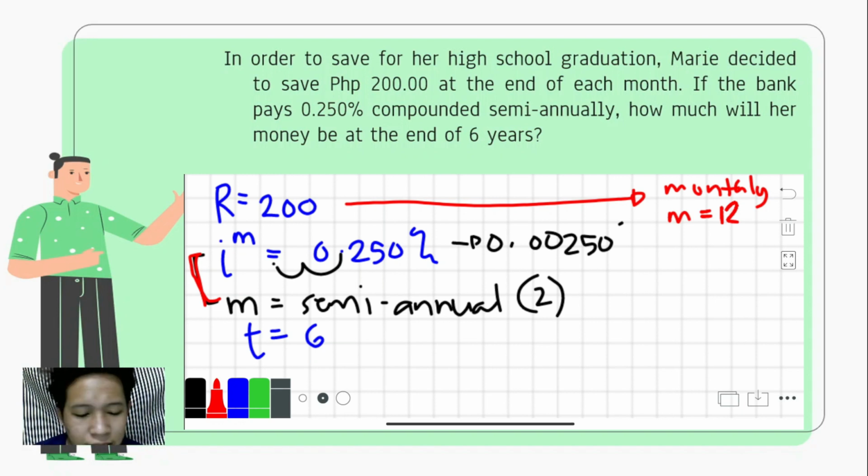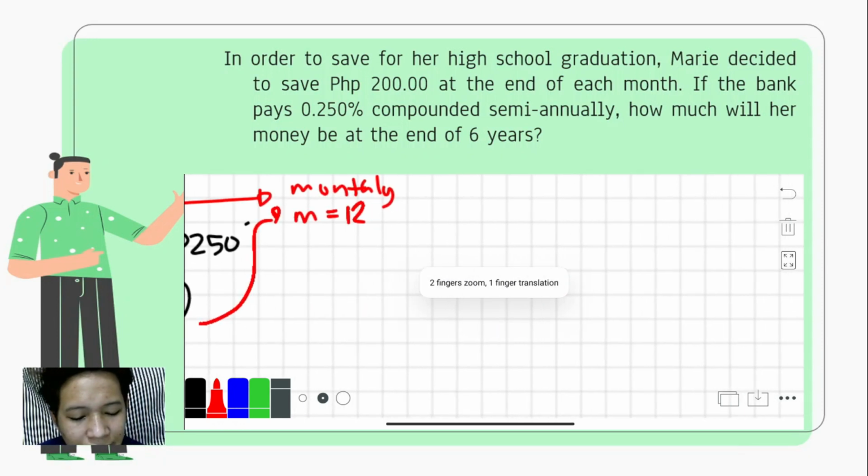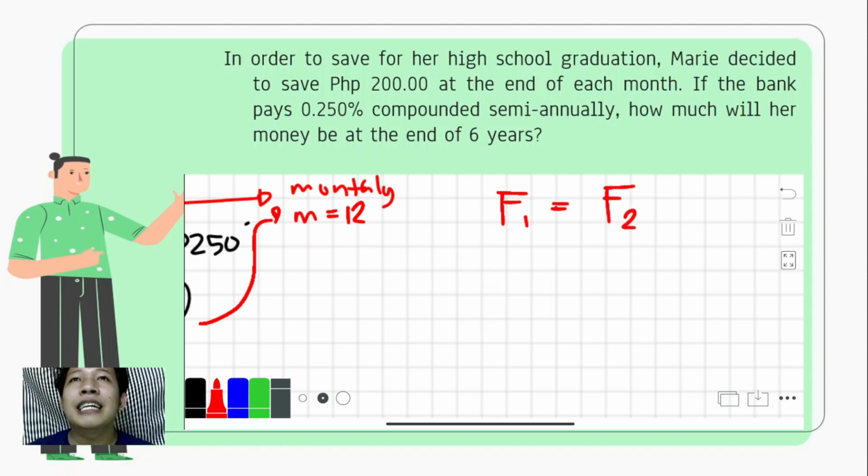Now, what we're going to do is to convert this annual rate na kino-compound semi-annually into monthly using the formula F sub 1 equals F sub 2. So this is just a review of what we have discussed kay compound interest.